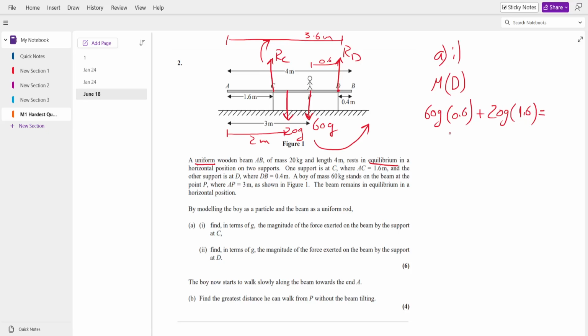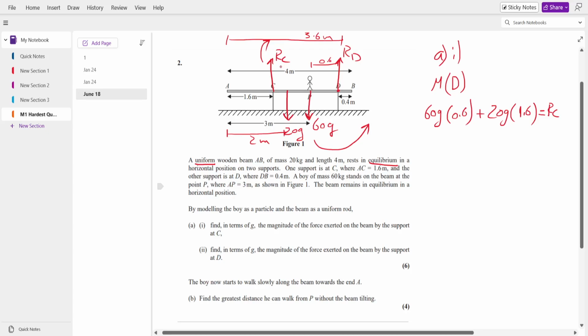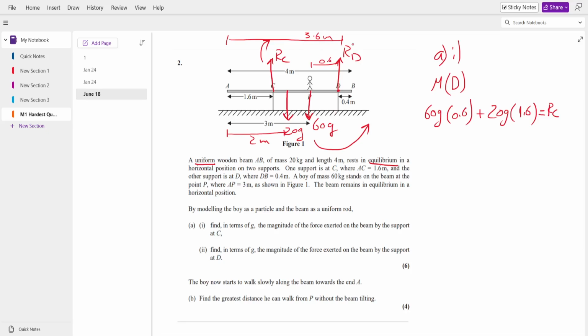So it's going to be on the other side of the equation, and I will have RC multiplied by the distance between RC and RD. If A to D is 3.6 and A to C is 1.6, then RC to RD is a distance of 2 meters apart.